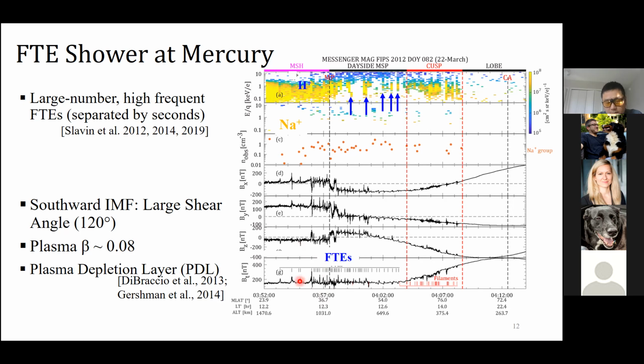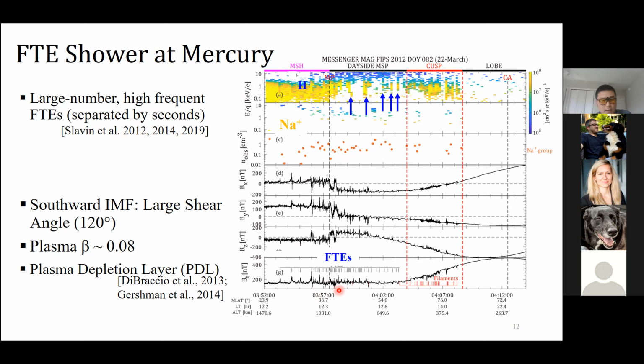But at the same time, on the two sides of the day-side magnetopause, as shown here in the last panel, that is the magnetic field intensity, we barely see an intensity change on the two sides of the magnetopause. This indicates that here there is a strong plasma depletion layer that corresponds to very low plasma beta in the magnetosheath.